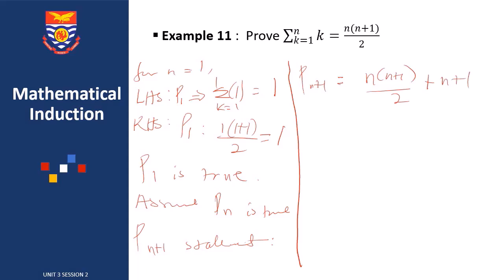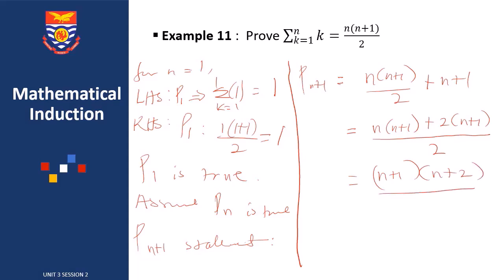By simplifying this, what do you get? You get n times n plus 1 plus 2 times n plus 1, divided by 2. You further simplify and factor the common term out. You can see there is n plus 1 here, so n plus 1 times n plus 2, divided by 2.